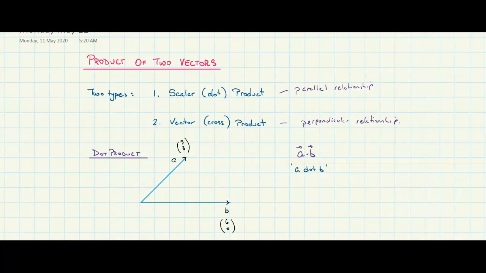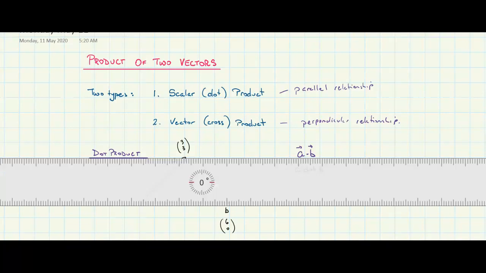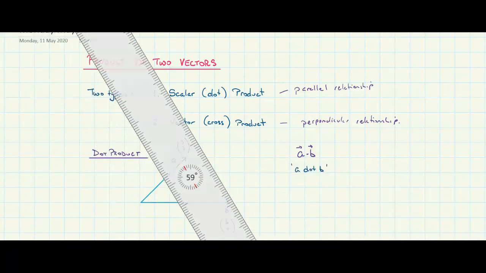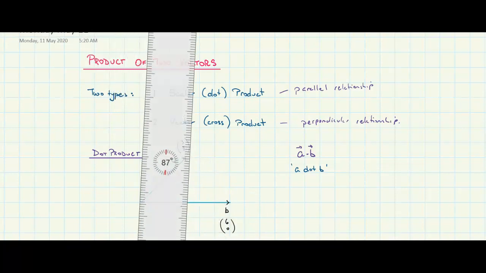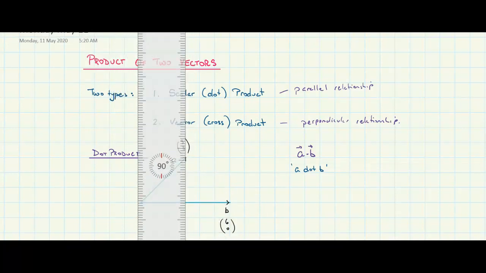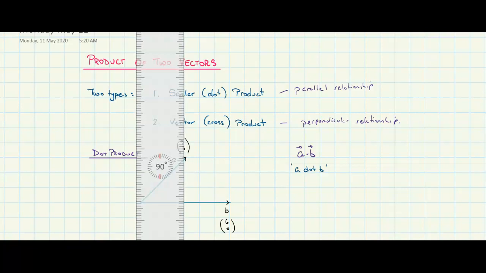Now, what that means is I need to find out how far they're both traveling in the same direction. So in order to calculate that, I'm going to project A onto B, and see how much of A is traveling in the B direction. That's kind of how I think about it.